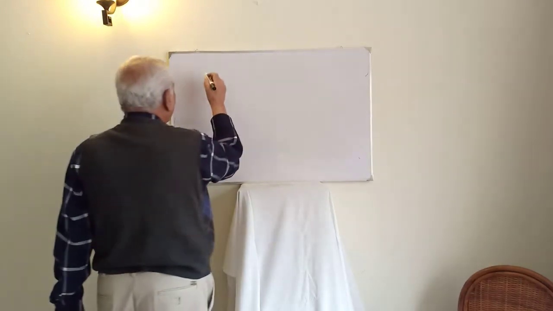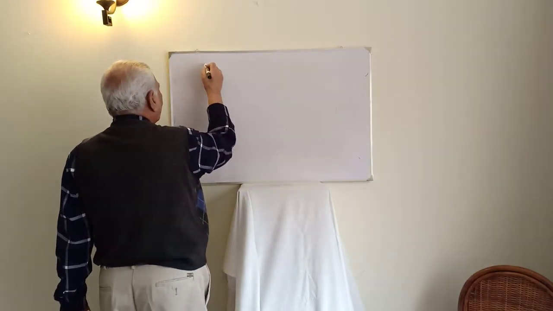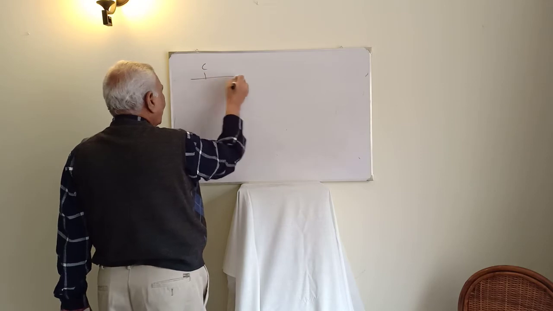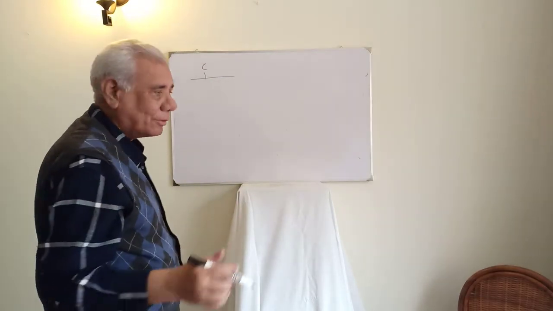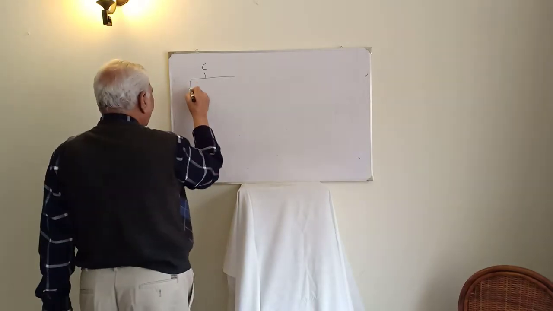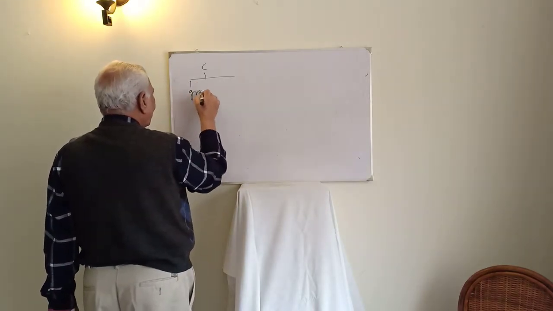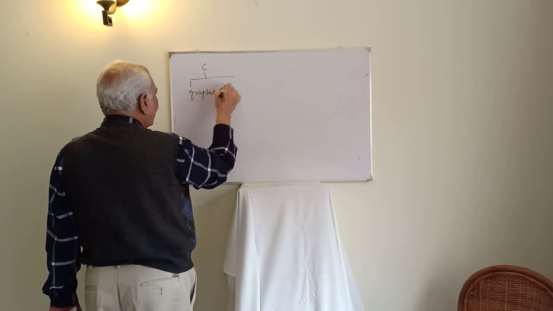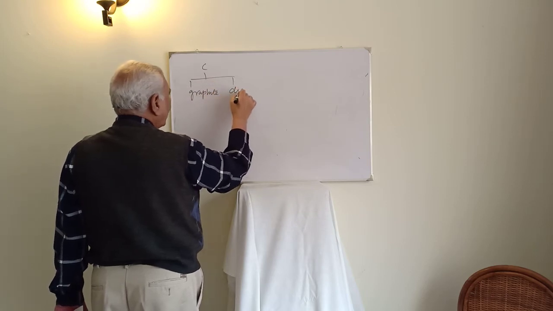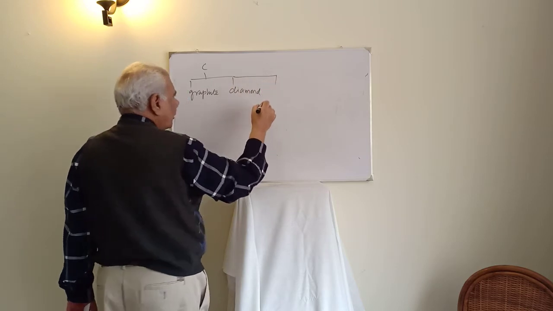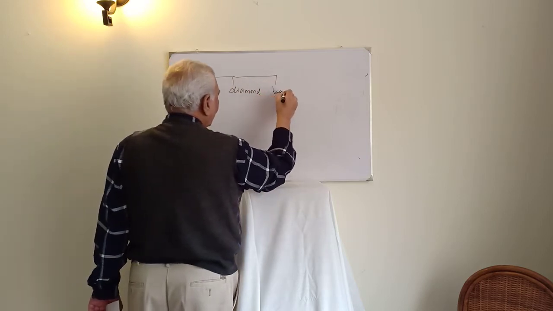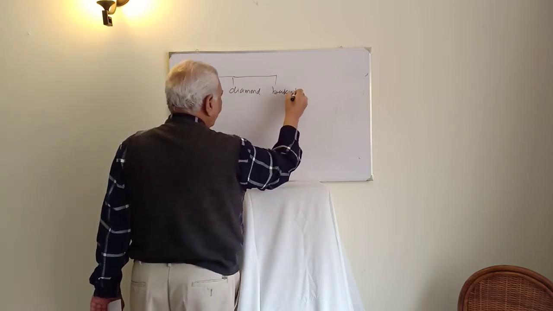Now let us consider carbon. Carbon exists in different allotropic forms, for example graphite, diamond, and buckyball.